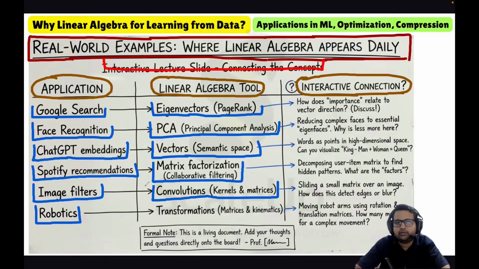In robotics, the linear algebra tool is transformations, like the matrices and the kinematics. So moving robot arms use rotation and translation matrices. So these are some real world examples where linear algebra appears daily.